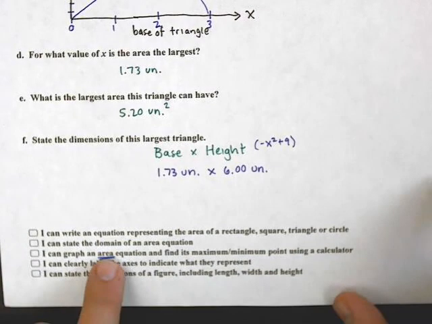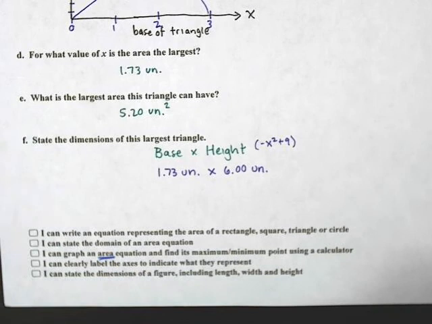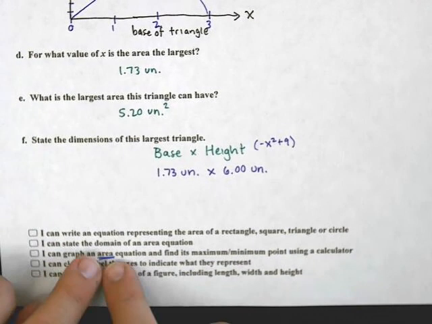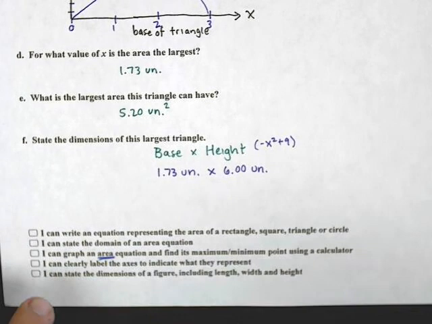Graphing an area equation. Before we even get to being able to graph it, remember, the area equation is using those geometric concepts, 1/2 base times height, or 1/2 pi r squared. All right, and then figuring out what you have to plug in where.